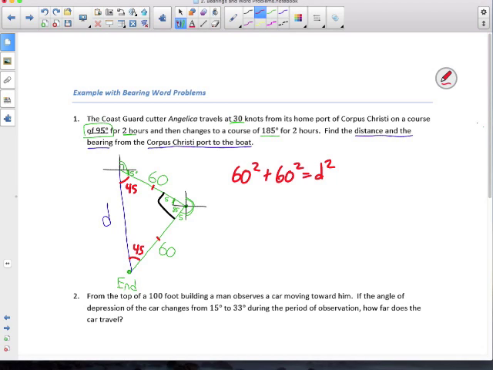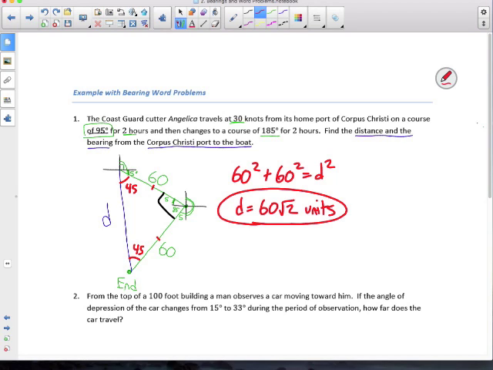Okay, because they have to be equal to each other, and since the other one's 90, they have to add up to 90. So this is actually a 45, 45, 90, and I can just use the shortcut. So D is actually just going to equal 60 root 2, whatever units we're in here. And there's the distance.